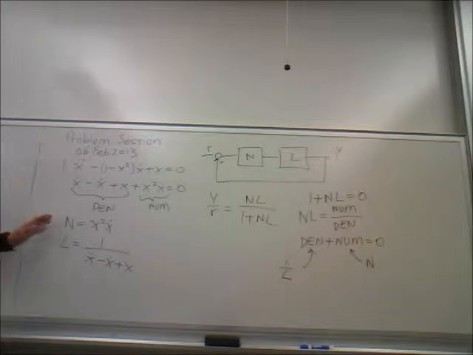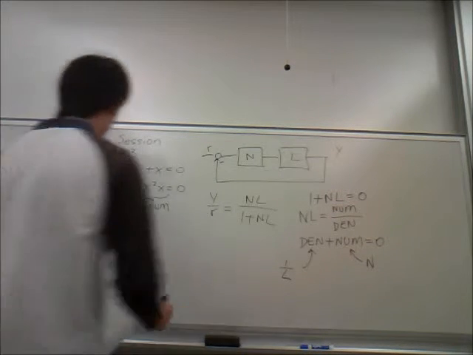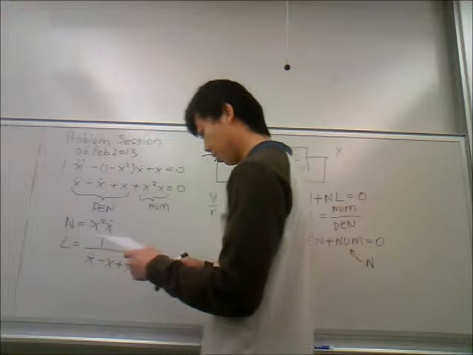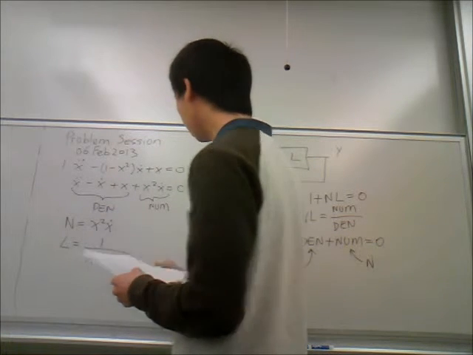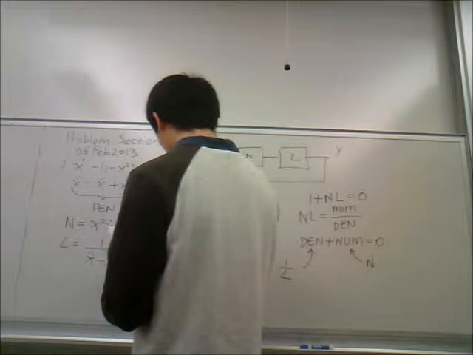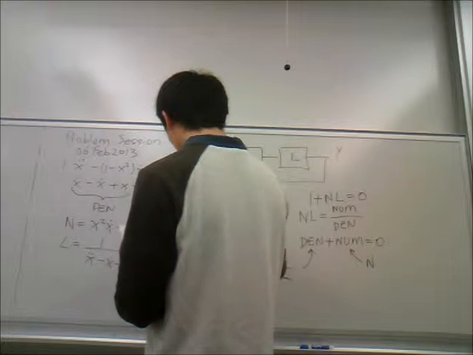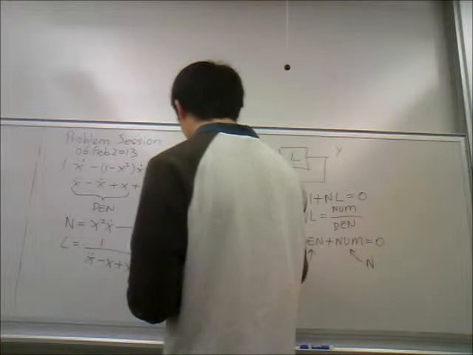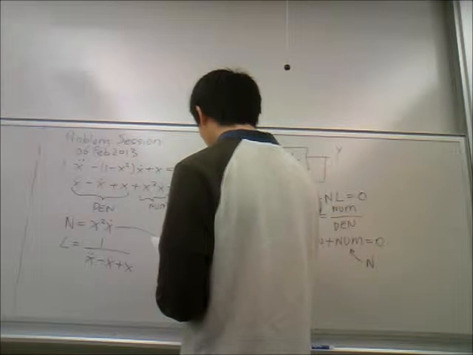Once we have this formulation, we need to find the describing function for this nonlinearity. In class we showed that the describing function for this is A squared over 4 with an angle of 90 degrees.